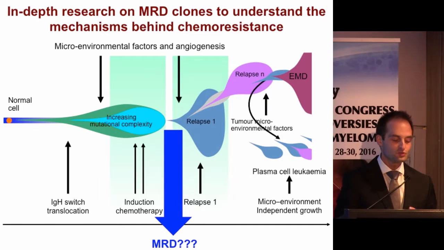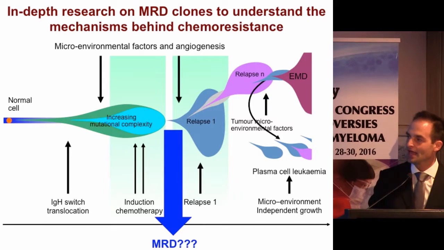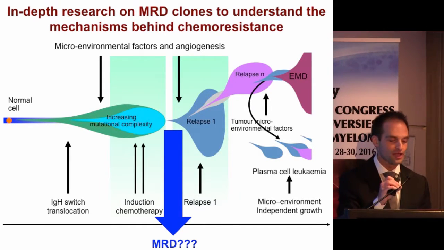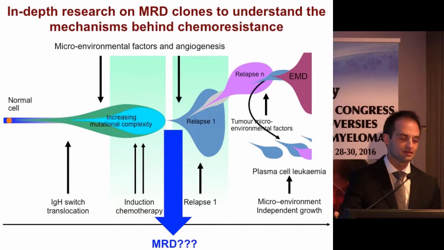But in fact, within the Spanish group, we have always thought that perhaps one of the most important pieces of the puzzle was not being studied, which is the MRD cell. In other words, in-depth research about MRD clones to understand the mechanisms behind chemoresistance.